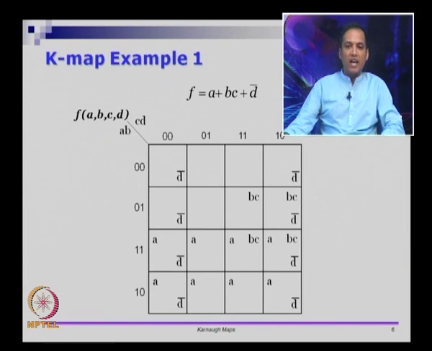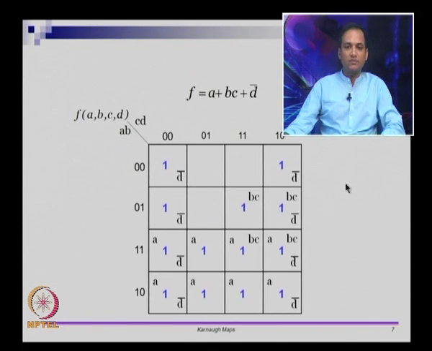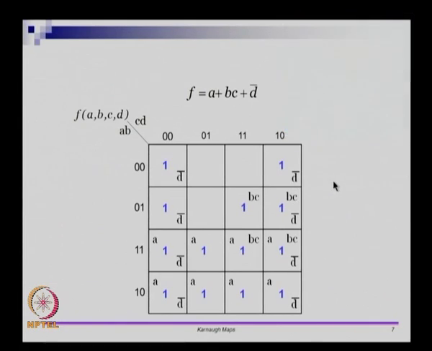Now wherever you see something like this, this is true when A is true, this is true when either A is true or BC is true, this is true only when BC is true, this is true only when D is 0, and so on. So wherever you have some entry, you make all of them ones, because that is what the truth table tells us.